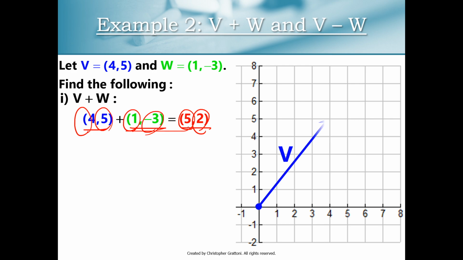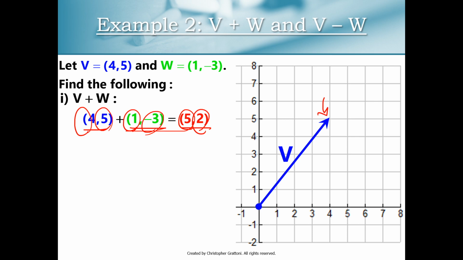If we think of this geometrically, in the plane, we will start the vector v from the origin, and it's the vector 4, 5, so we go right 4 and up 5, and that's how we get to the tip of vector v there. And then from the tip of v, right here, we're going to start our vector w.